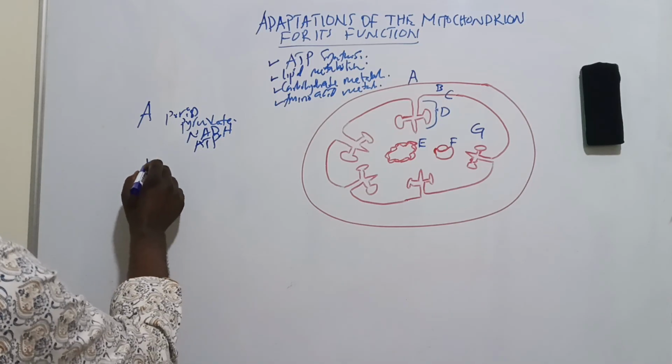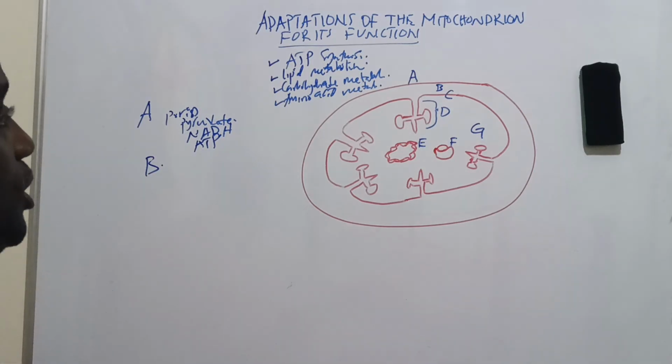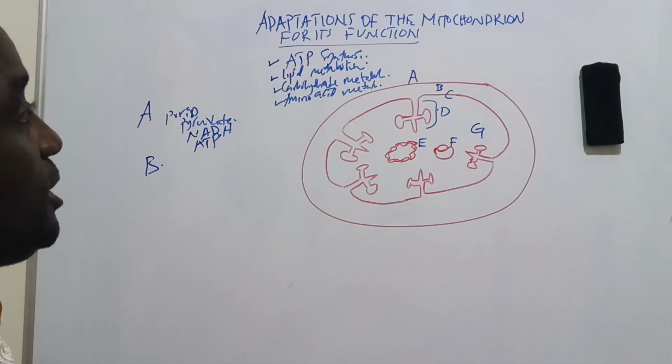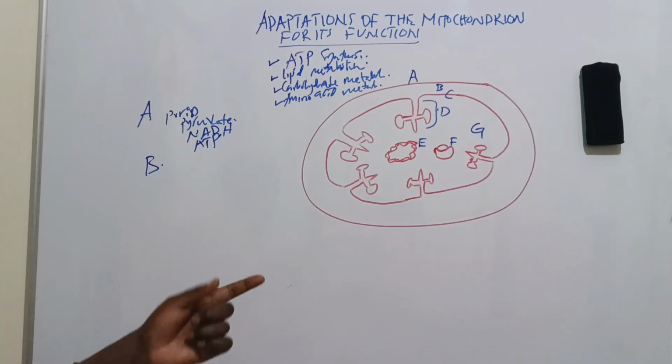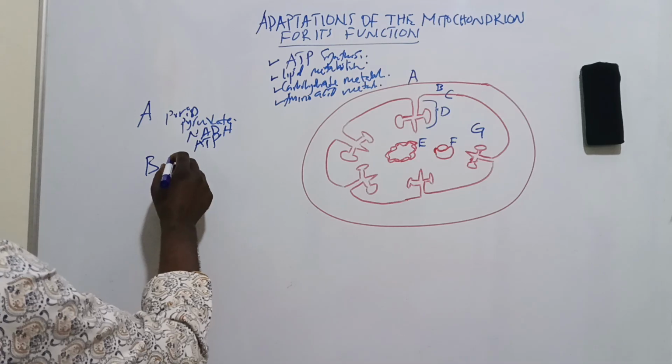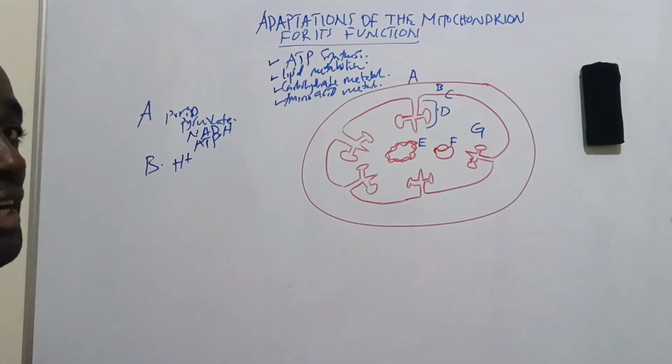Now, we go to part B, the intermembrane space, which we say is about 10 to 20 nanometers wide, depending on the mitochondrion and the cell where it is functioning. That one is very important. First of all, it creates a proton gradient.